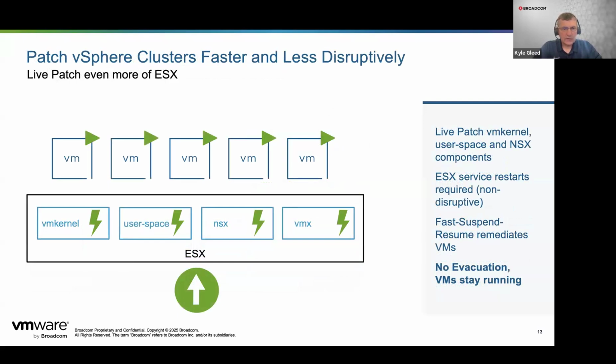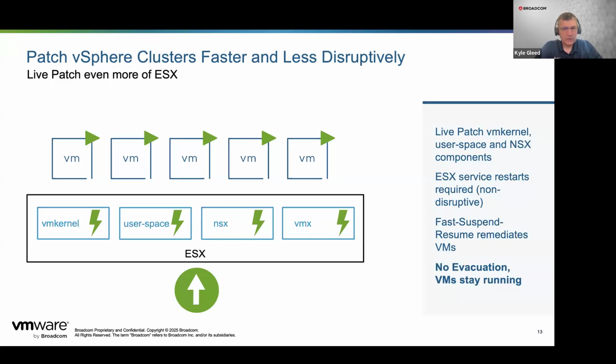And of course, live patch is another new feature. This is something we introduced with 8.0, but it's something we'll start to see a lot more use of with vSphere 9. Essentially, this is a new way to apply those ESX patches. The first thing you need to remember is that as patches are released, they may or may not be live patch enabled. So you need to pay attention to whether the patch is live patch enabled or not.